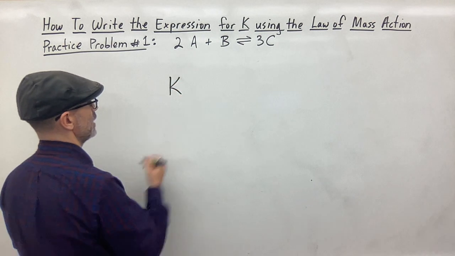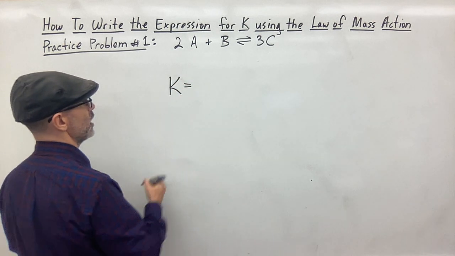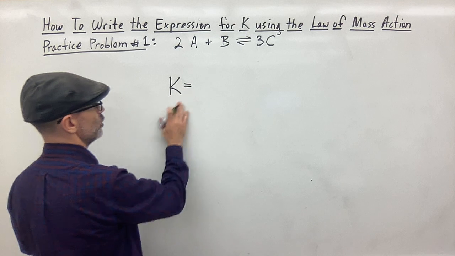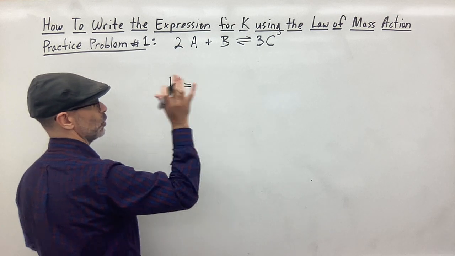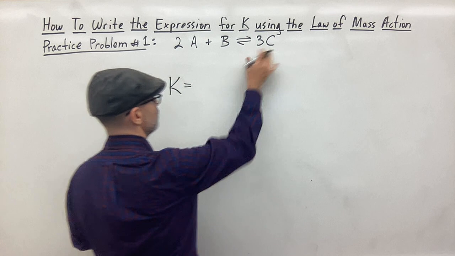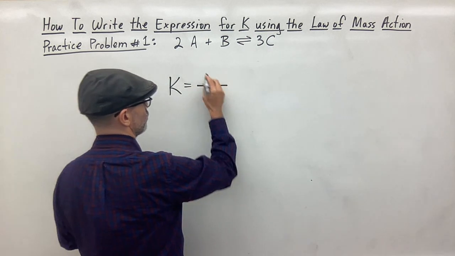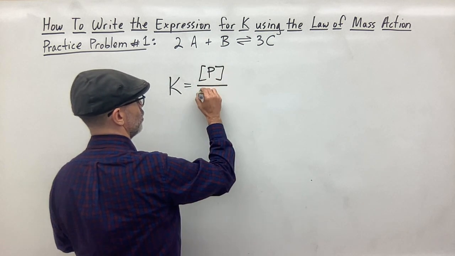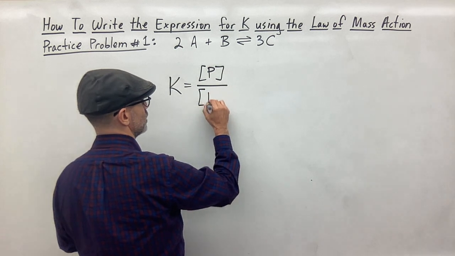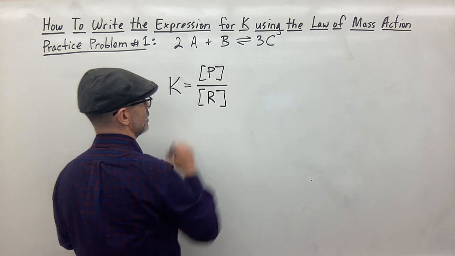So here's my K. Here we're going to say that K, the equilibrium constant, is equal to products over reactants. Well, what products do I have? So it's going to be the concentration of products over the concentration of reactants.